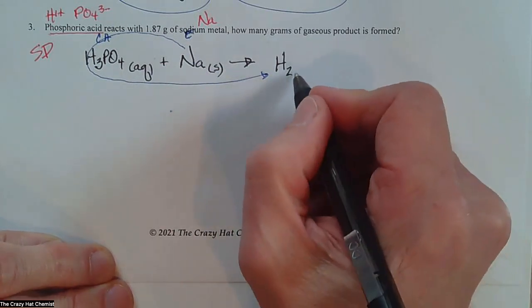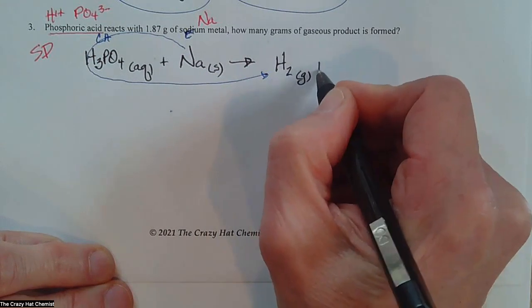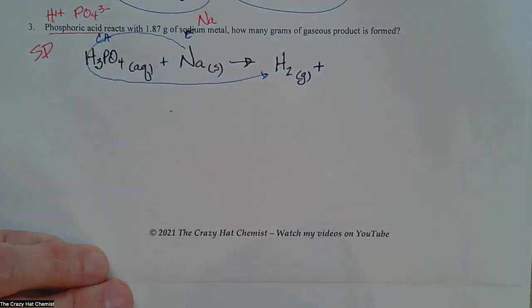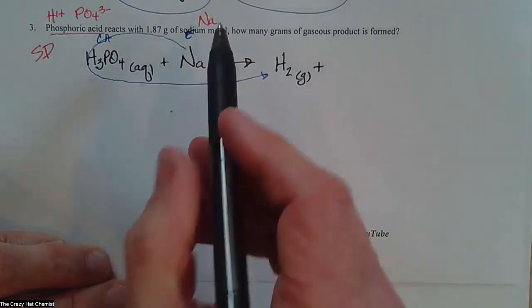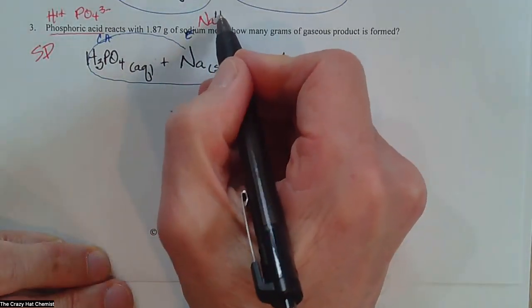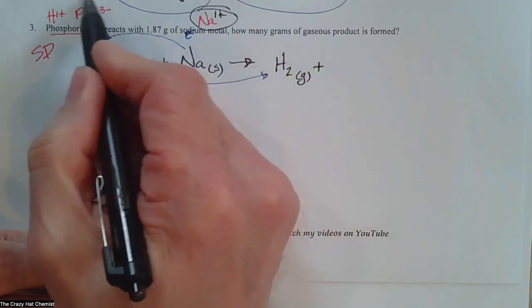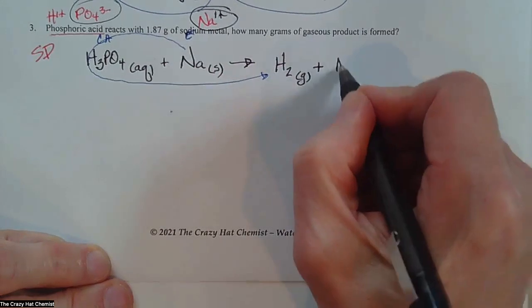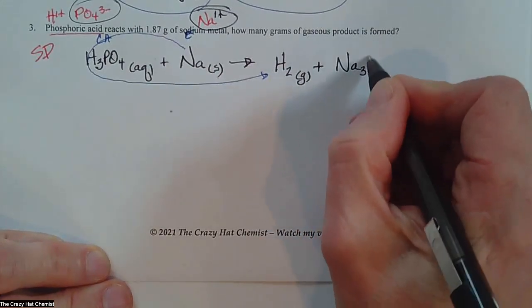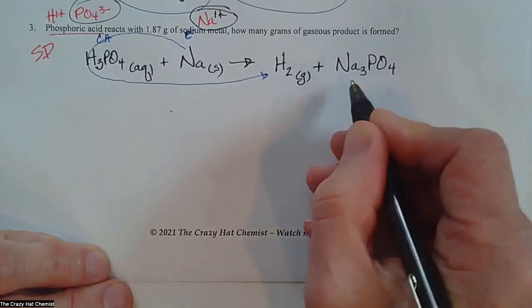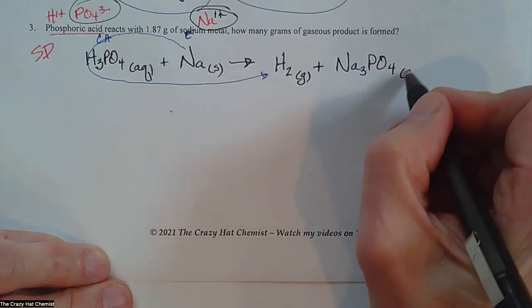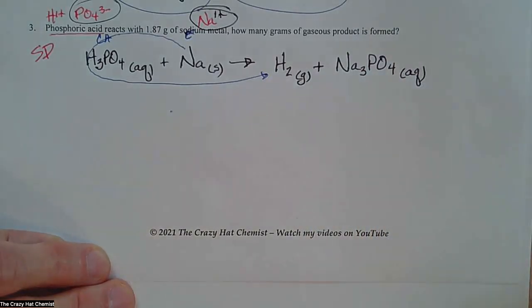It is diatomic, and that will be a gas. Plus, and then I am going to combine the sodium ion, which is a group 1 cation, with the phosphate, and that will be Na3PO4. Anything with sodium is aqueous, so that's why this is aqueous.